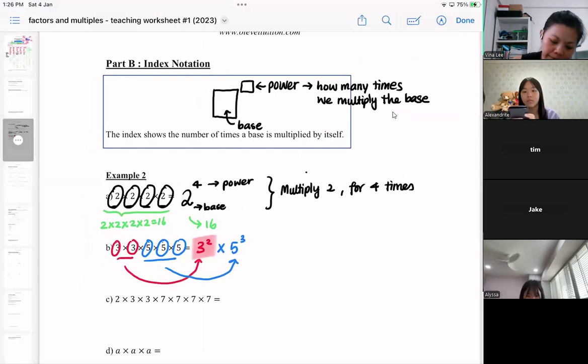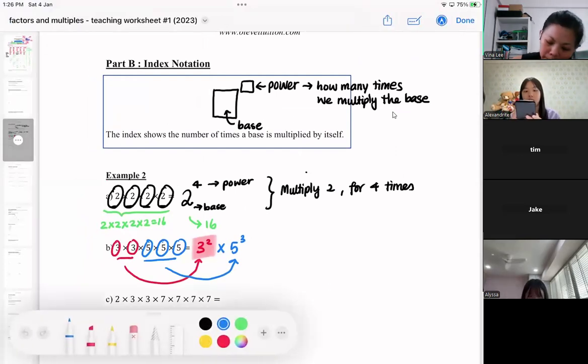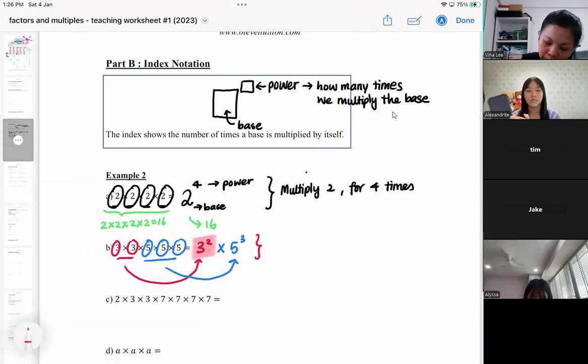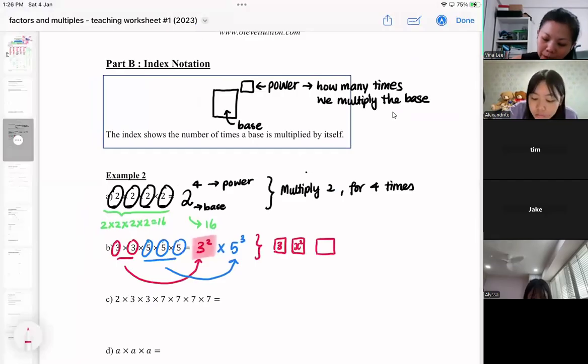But can I get you all to try? Press 3 and then the square button, and multiply by 5 and the power button 3.